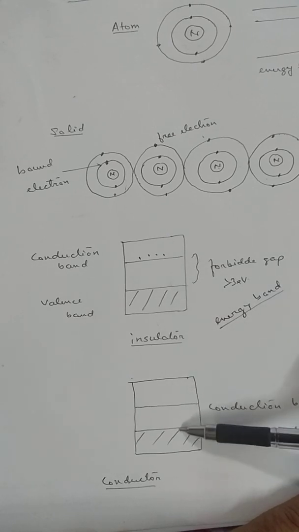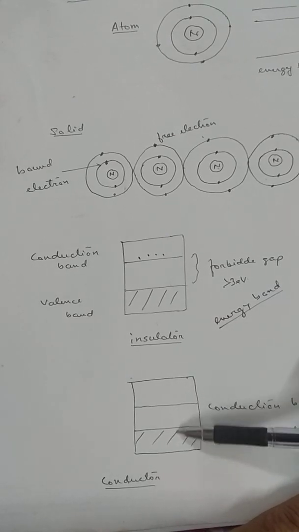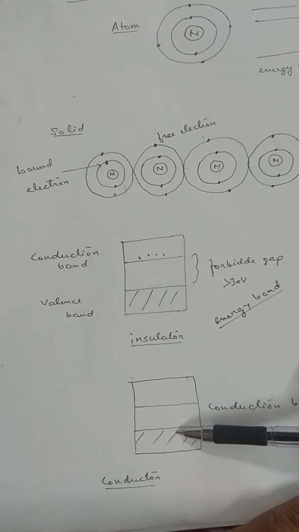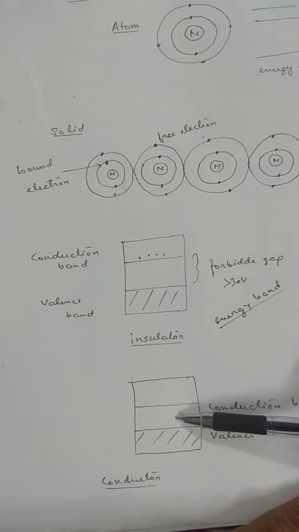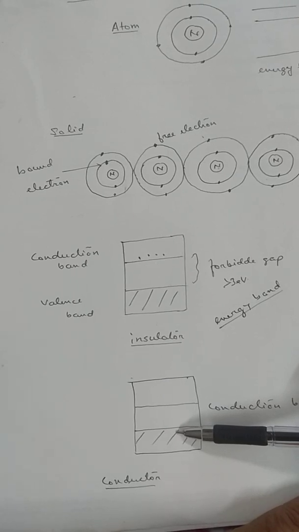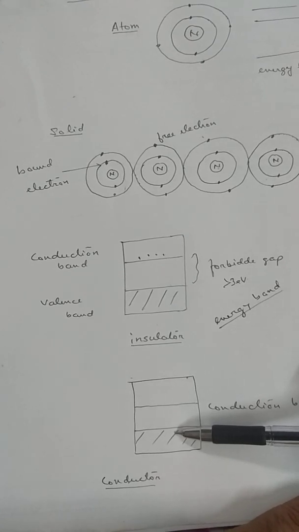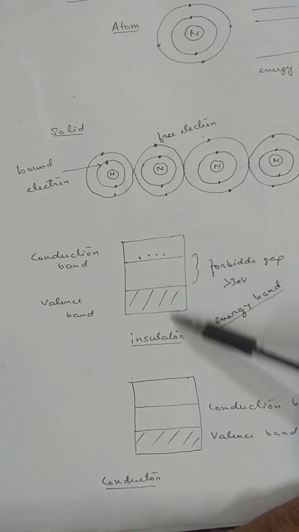But in the case of conductors, this gap is practically zero. In some metals, in some conductors, the conduction band and valence band overlap each other. That means a large number of electrons are free.